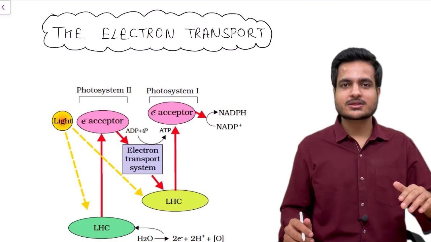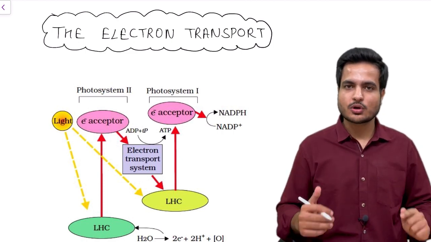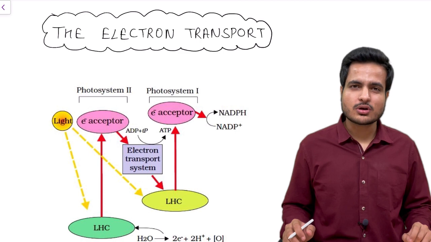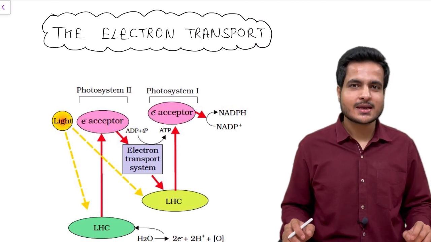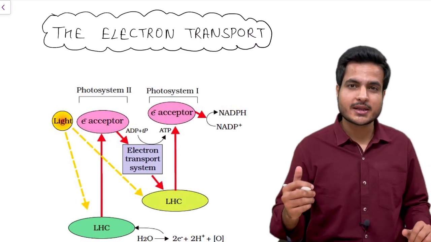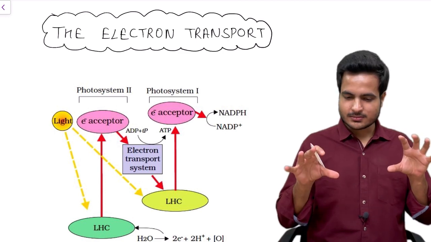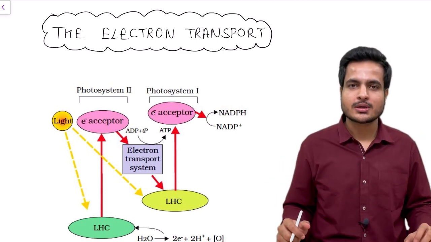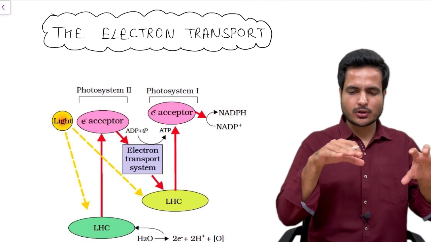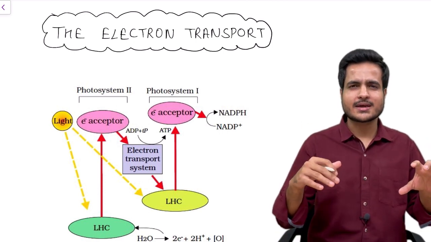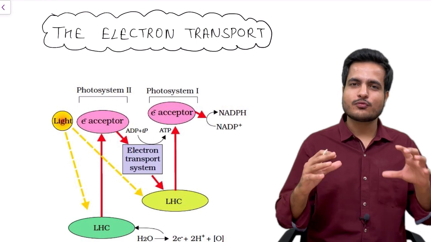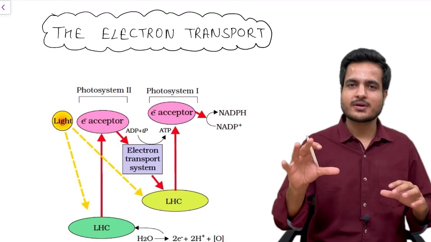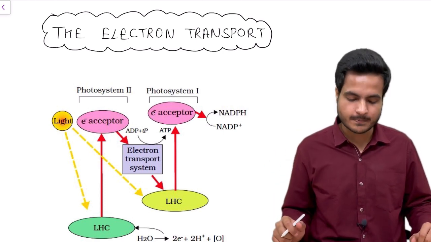So the discussion of the first step, that is light absorption, is complete. Now let's talk about how this light energy is converted into chemical energy. The moderator between these two forms of energy is our electron. Light energy would excite the electron, and this electron would create a proton gradient, which when broken down will result in the formation of ATP.